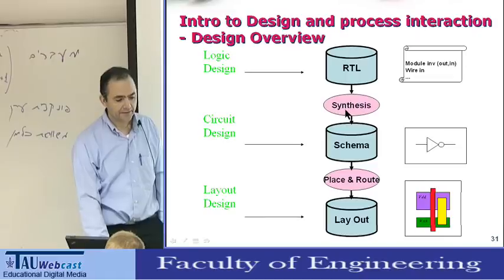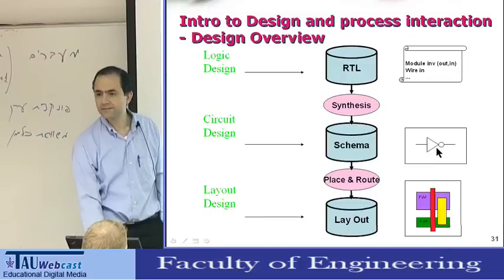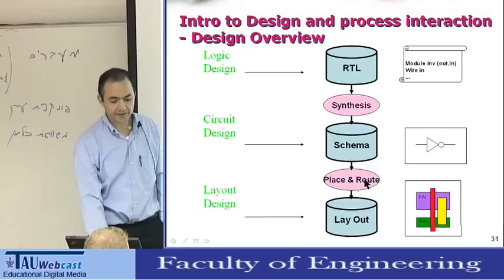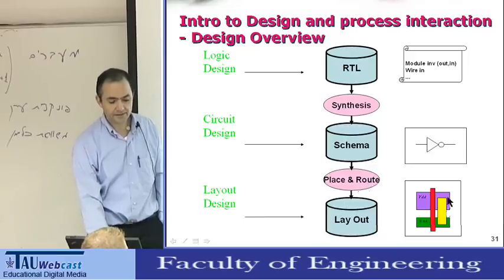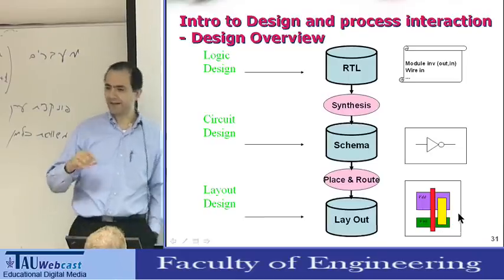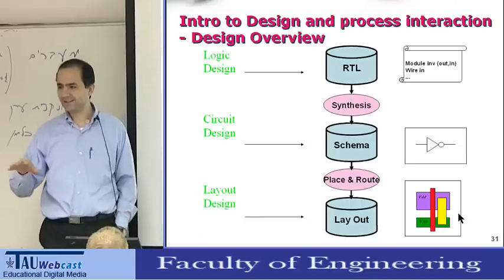Then we have a synthesis. We get a scheme, for example, this one, what's this? An inverter, okay? And then there are some automatic tools that put it on a layout, okay? You have a lot of courses about that. I don't want to get into that.